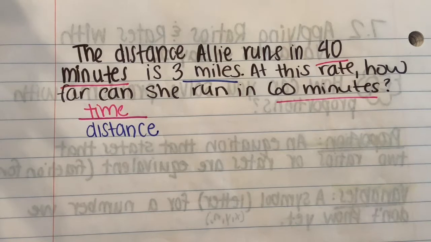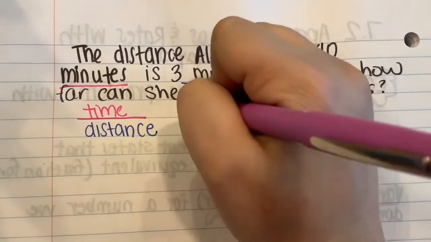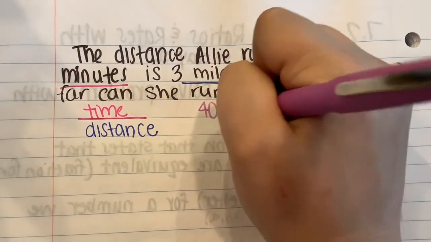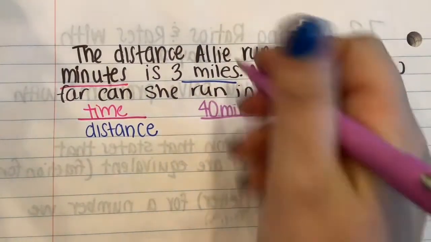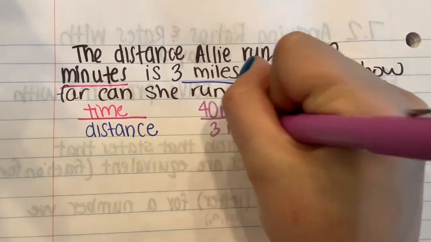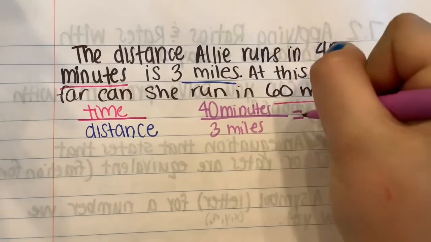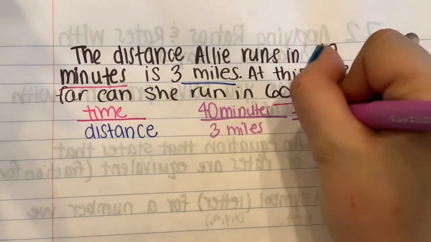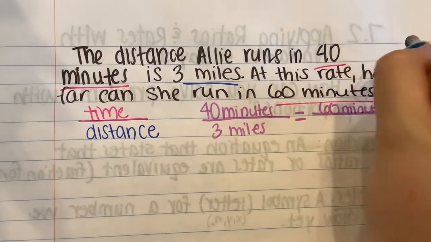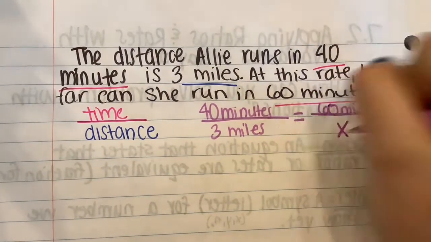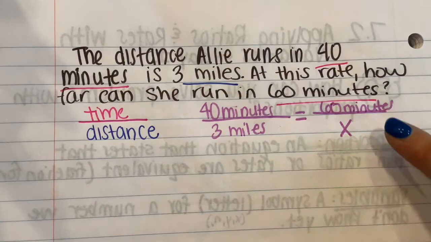We're going to take our 40 minutes, which is our time, over our distance, which she did 3 miles in 40 minutes. Put our equal sign in the middle, and now we have 60 minutes over our missing number. How many miles can she do in 60 minutes?